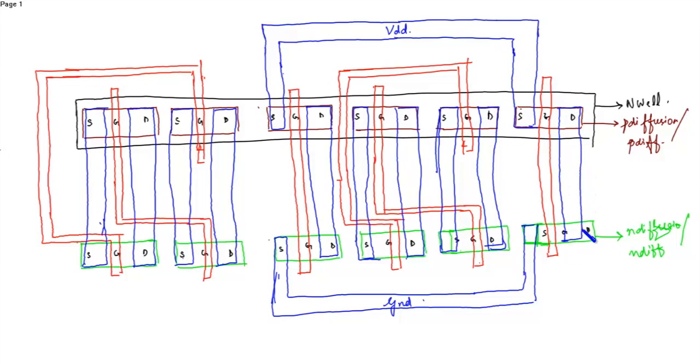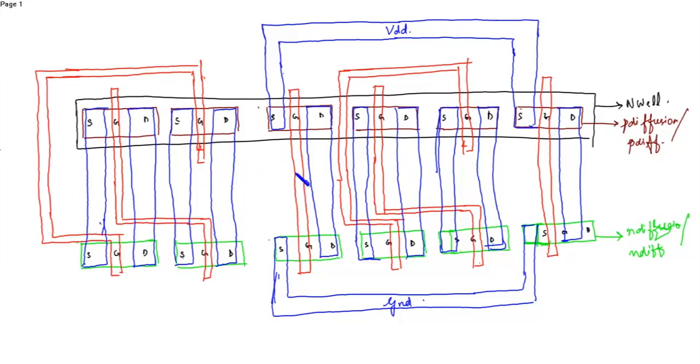Okay, now after drawing the sources and drains, now you have to make the connection. The output, before going for the output, first see the gate. This is connected to B and this is connected to B bar.